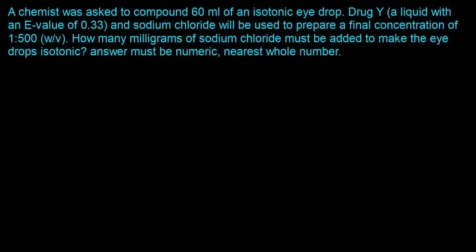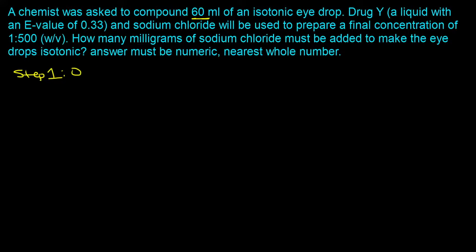All right, so here we're going to go through the same steps, step 1, 2, and 3, because we are adjusting with sodium chloride. The main difference would be in step 2 when we begin to find the contribution of the drug. Okay, so let's start off with step 1. In step 1, we're going to determine the amount of sodium chloride that will make a 60 milliliter volume isotonic.